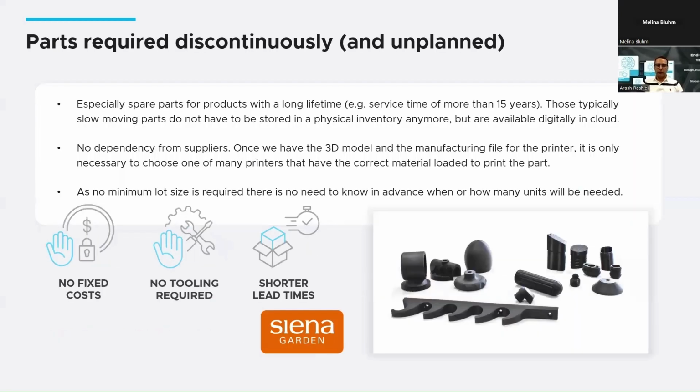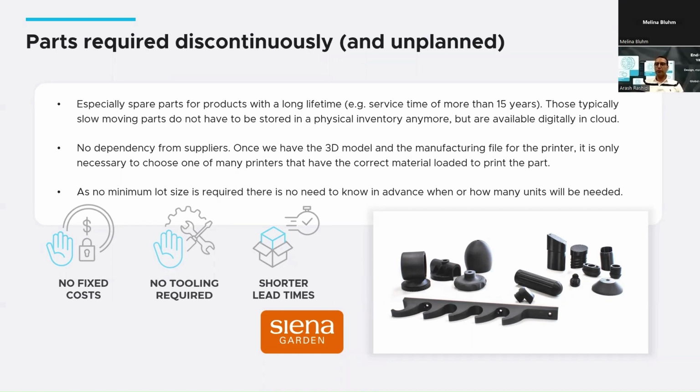As I already mentioned, additive manufacturing is a choice if you have parts that are required discontinuously or unplanned. So it's more like the topic of spare parts. As you can see here, for example, we have a customer, Sienna Garden, which is a manufacturer of outdoor furniture, and they have introduced the topic of eternal spare parts.